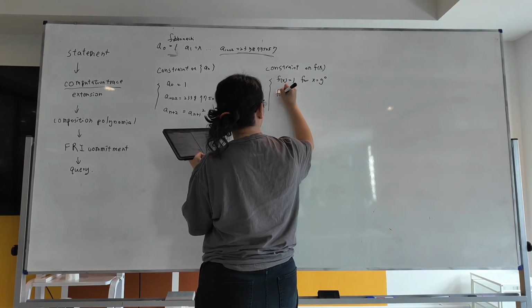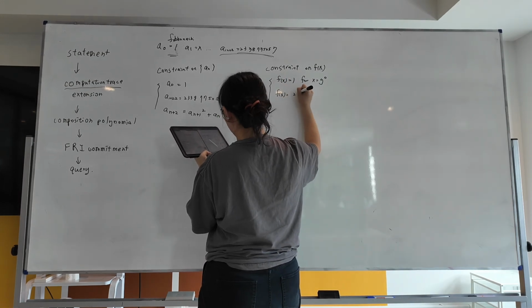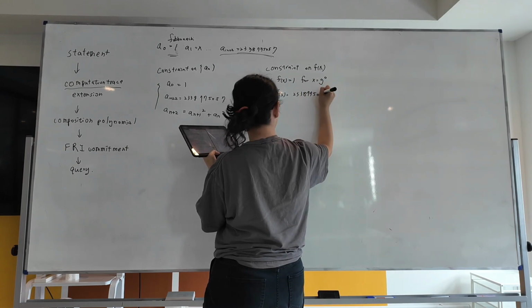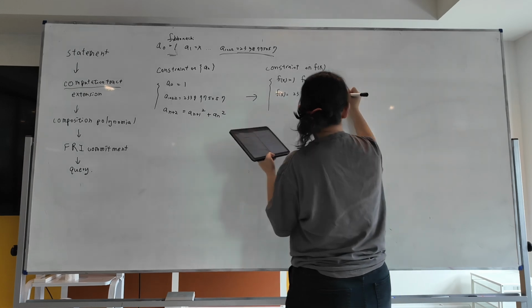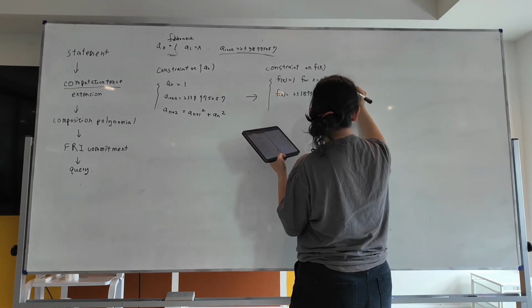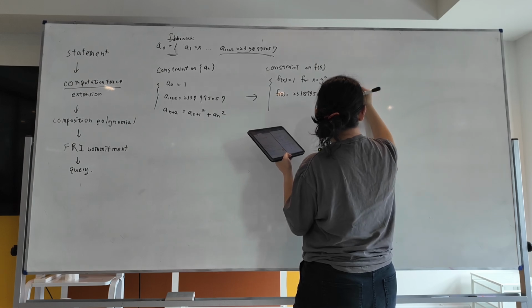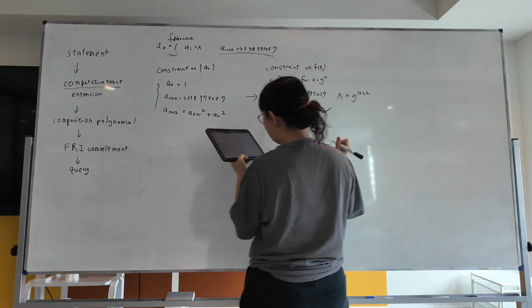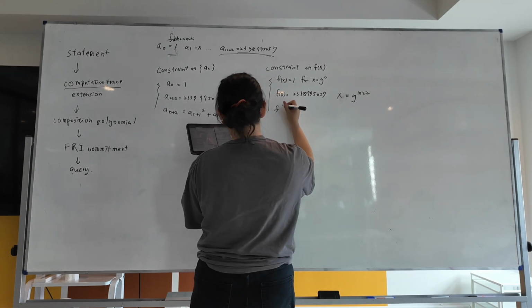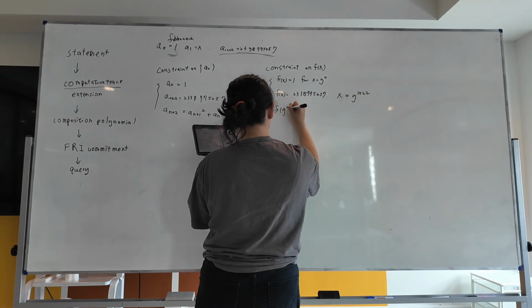And then f(x) should be the final number when x is equal to this. And the last one is to make sure the computation sequence is correct.